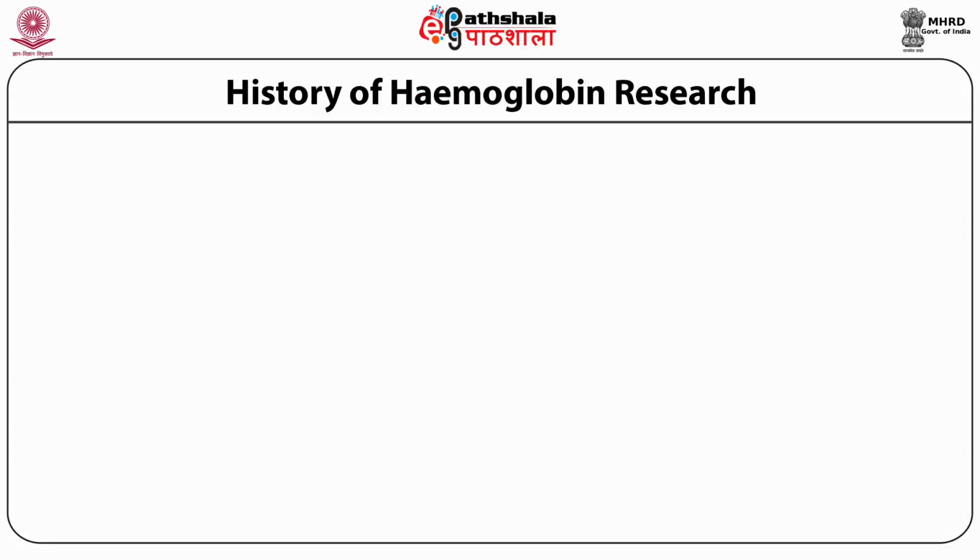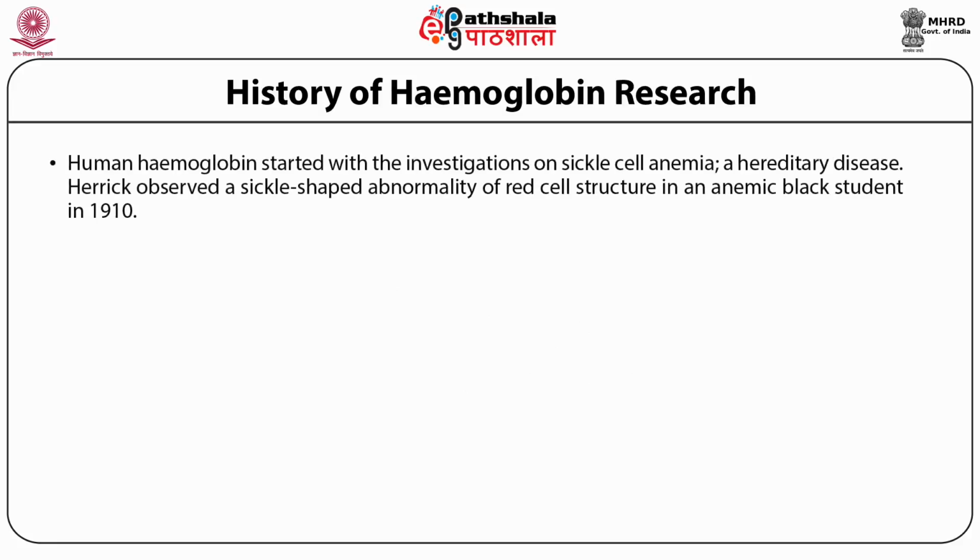History of hemoglobin research. Human hemoglobin research started with the investigations on sickle cell anemia, a hereditary disease. Herrick observed a sickle-shaped abnormality of red cell structure in an anemic black student in 1910.